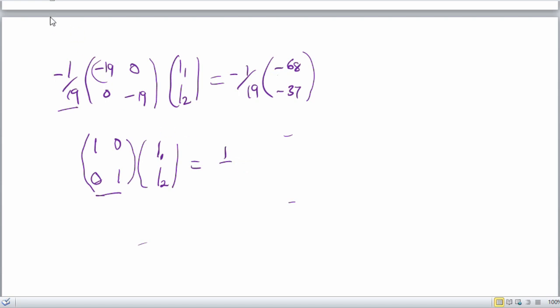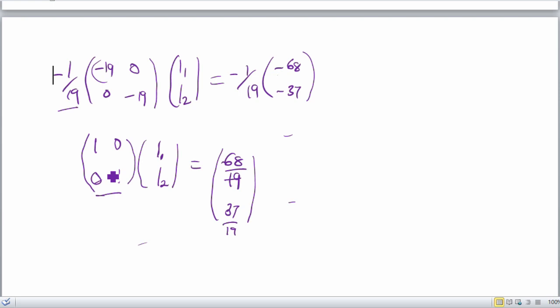Okay, let's simplify my right hand side of the equal, so I shall have a negative 1 over 19 times negative 68, and that is the same as 68 over 19, because a negative times a negative is a positive, and then here I shall have 37 over 19.